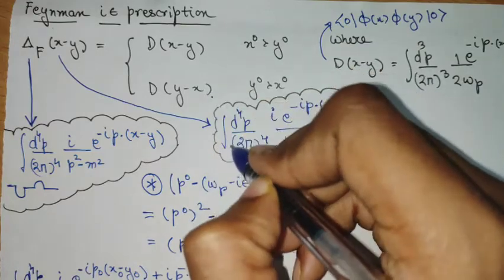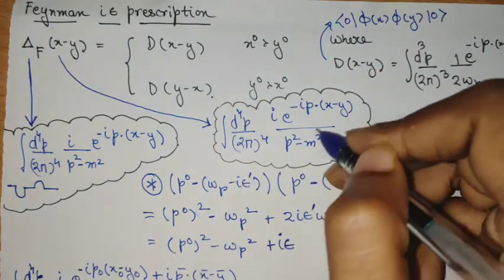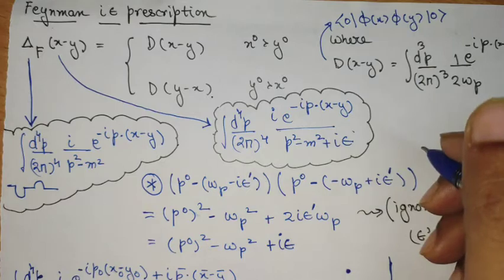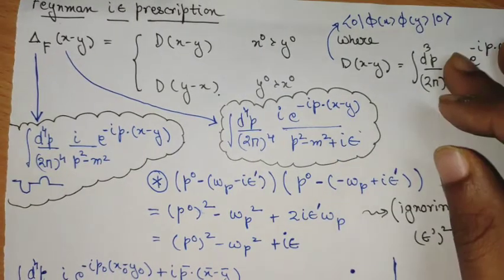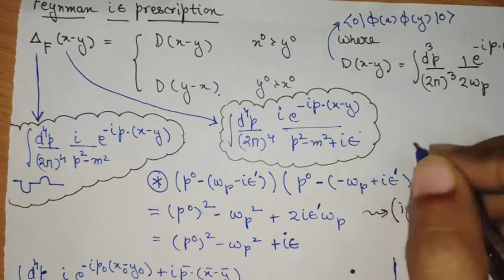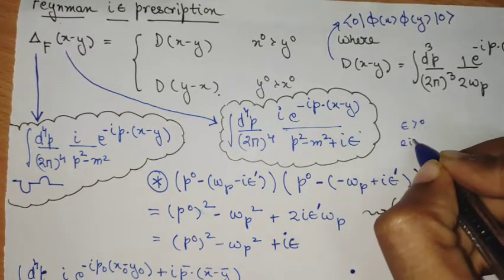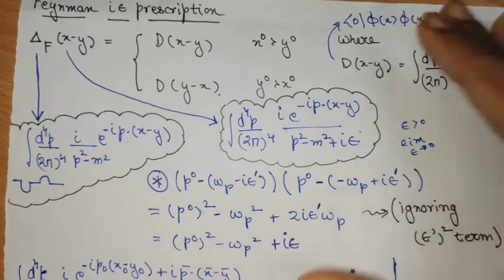So there is a limit before this integral sign. There will always be a limit where we take epsilon tending to 0, and I have omitted that limit here, but that limit is always there. So epsilon is a very, very small number, epsilon greater than 0, and the limit is epsilon tending to 0.